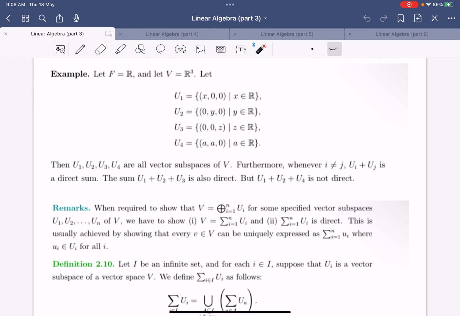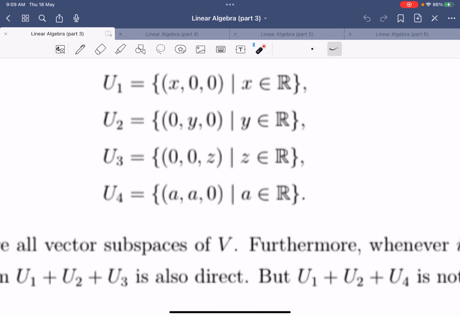And some concrete examples for us to visualize: if these are all vector subspaces of V, then for any i not equal to j, Ui plus Uj will be a direct sum, because the intersection here is trivial, trivial, and trivial.